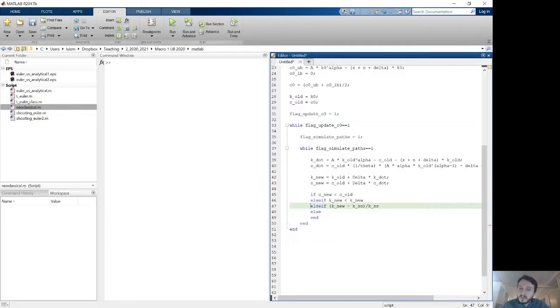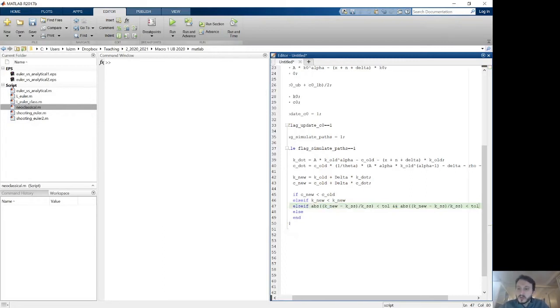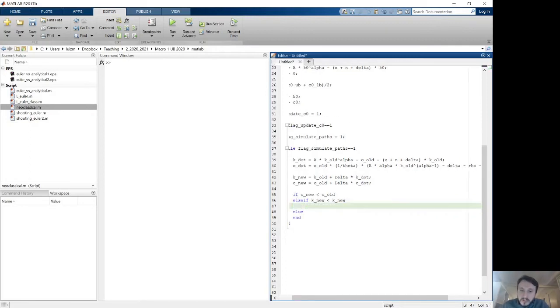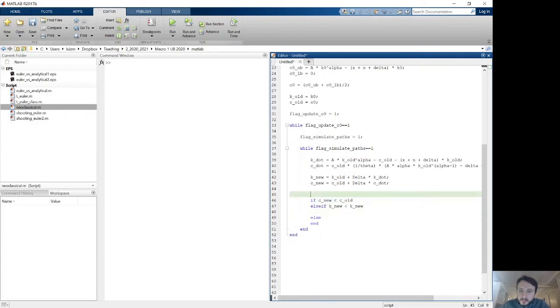So if this is smaller than the tolerance in absolute terms, okay, so if the absolute value of this expression is lower than the tolerance, this means that capital is close to the steady state value. Okay, we want to check if capital and consumption both are close. So I just copy and paste this here, and I change k to c here. Just for security, I will move this to the first check here.